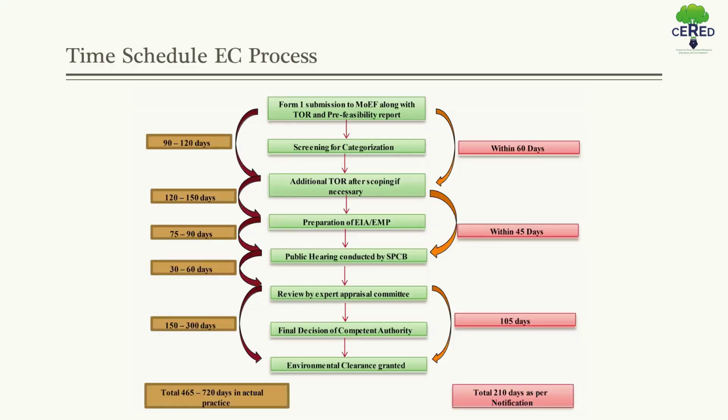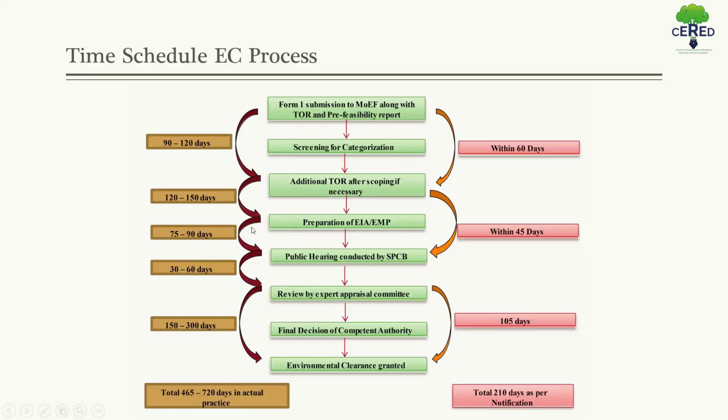After the additional TOR is done, from TOR to draft EIA we have 45 days to complete the draft EIA, but in actual case it takes 120 to 150 days from TOR to preparation of EIA.